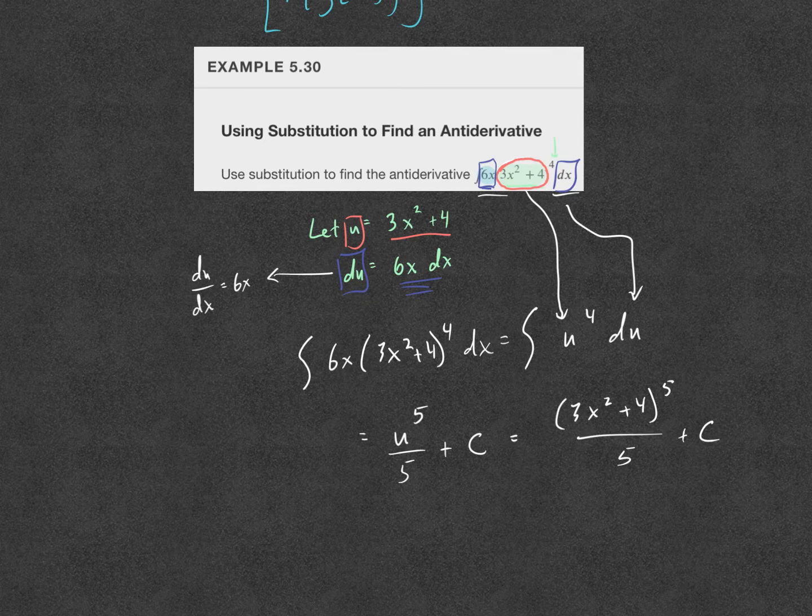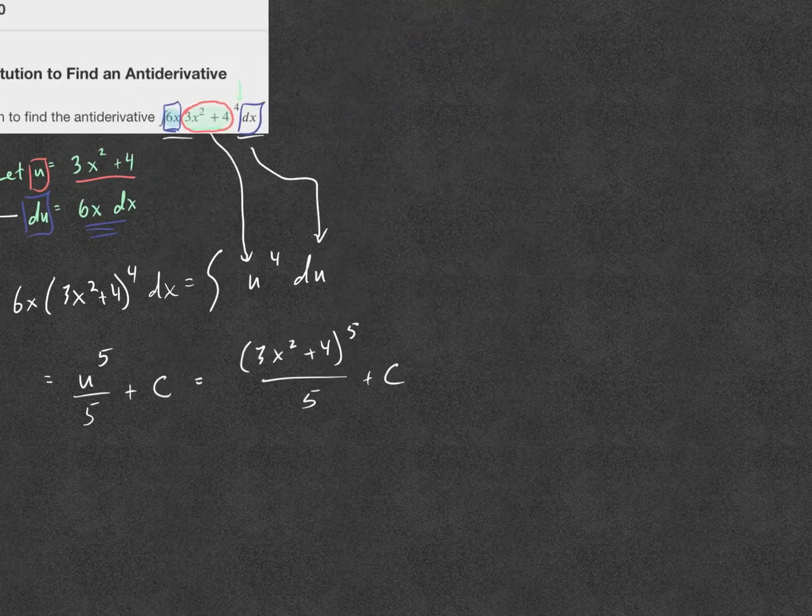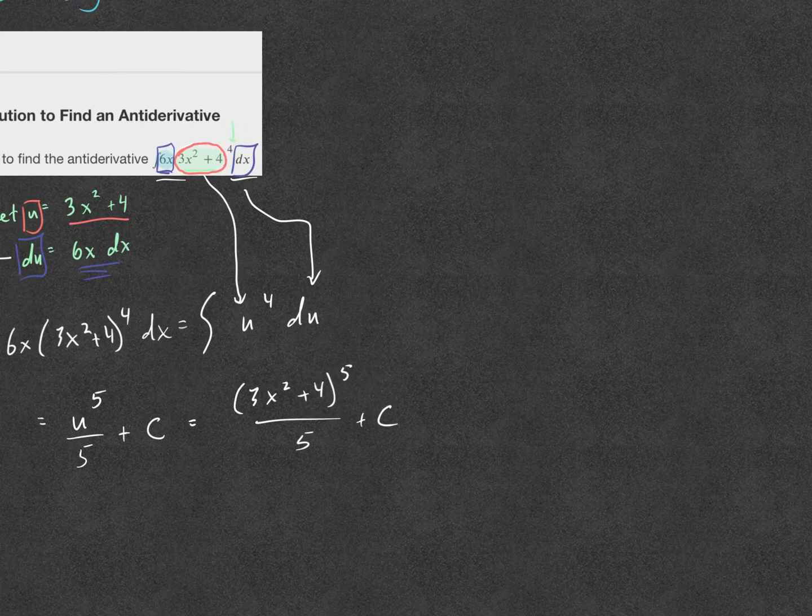And I'm not going to do it, well, actually, no, I will do it in this video. If we take the derivative of that answer, let me put it off to the side here. Let's put it in red because it's a check. If I take 3x squared plus 4 raised to the 5th power over 5 plus c, I want to take the derivative of that, so I'm just putting the prime outside. Well, the derivative of our constant is 0.